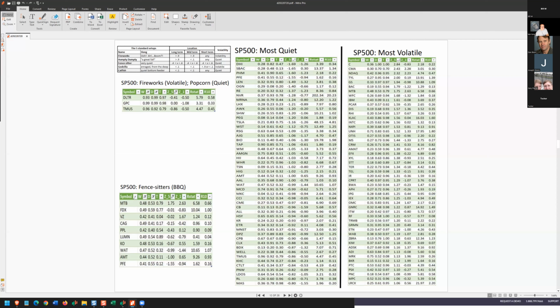So that's what a fence sitter that is volatile looks like, MTB. Pfizer is a fence sitter that has an abnormally absent volatility, both on a 5-day and a 1-day.